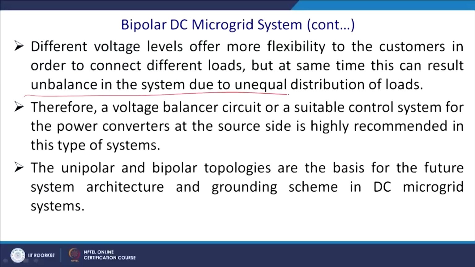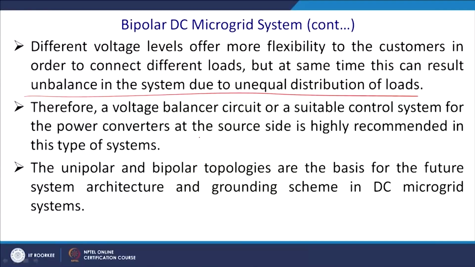unbalance in the system due to the unequal distribution of the load, because you are connecting the positive DC bus to the negative DC bus voltage, maybe one has less load and the reverse may have more load. Then you will find that the point which is taking more load will shift your 0 voltage level.